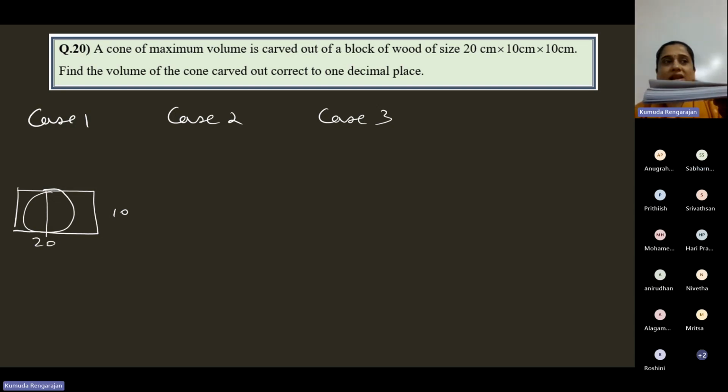So the circle can have maximum diameter 10, which means radius is 5. So radius we got. Now height. So the cone is coming out like this. So this is the height of the cone, which is 10. So in case 1, the diameter is 10, radius is 5, and the height of the cone is 10.